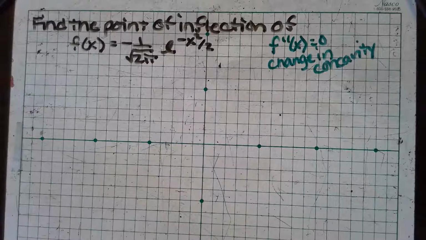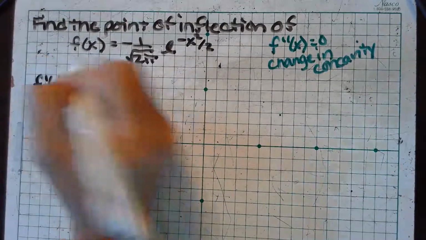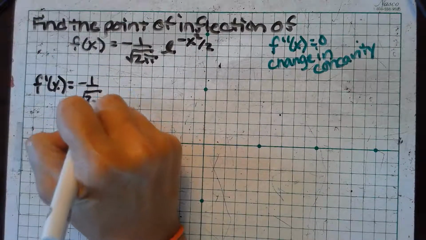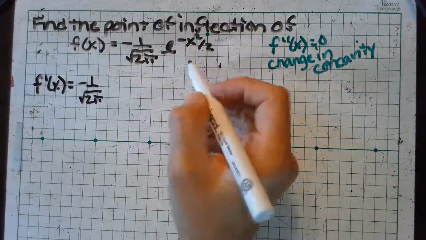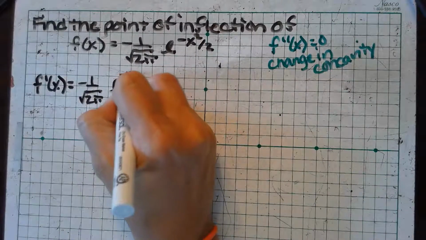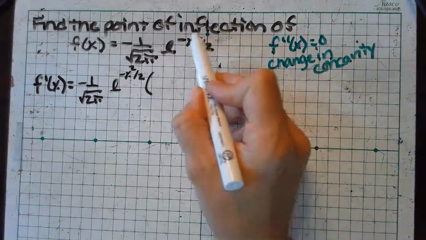All right, so here we go. We're going to find the second derivative of this. So you've got to stick with it. It's kind of ugly. First off, you've got to find the first derivative. Now, all this out here is just a constant. Just leave it. The derivative of e to the negative x squared over 2 is just e to the negative x squared over 2, and then you say times the derivative of this part.